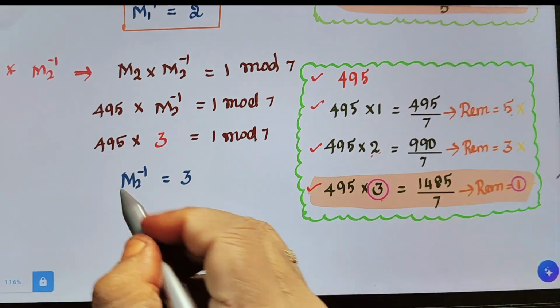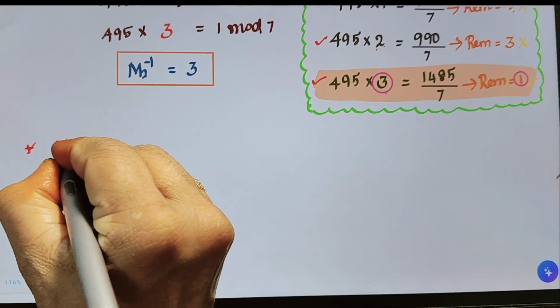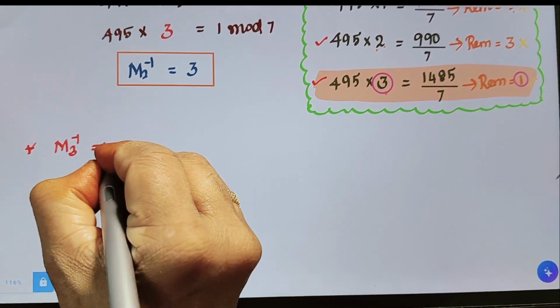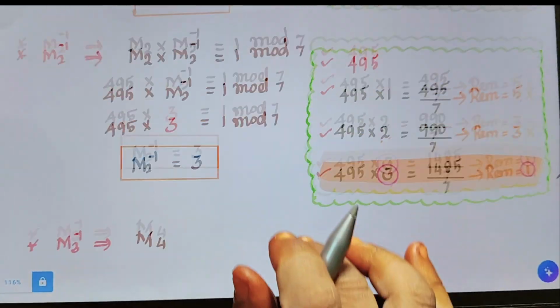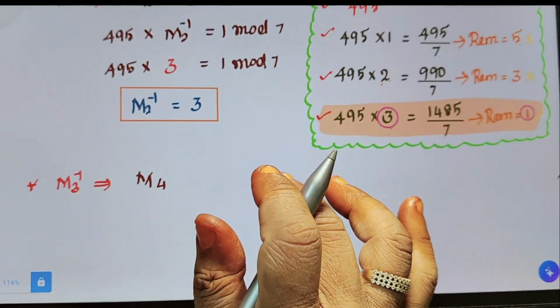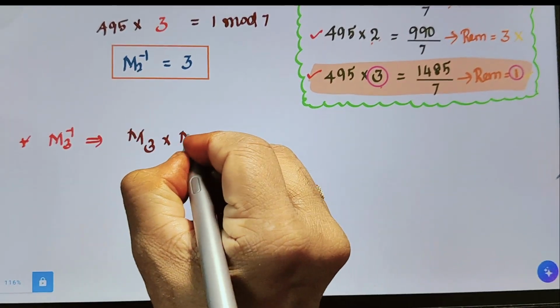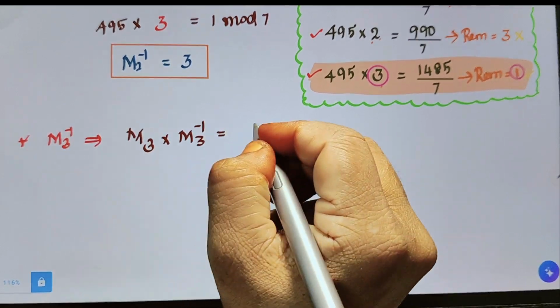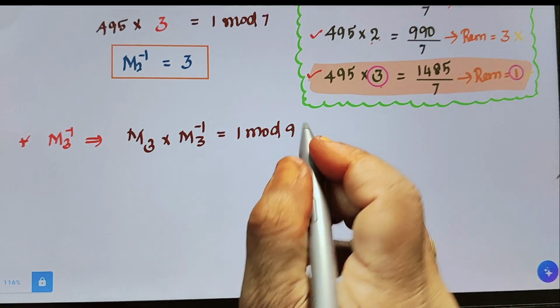Likewise, find the value of M3 inverse. Here write the same formula: M3 into M3 inverse equal to 1 mod 9, right?